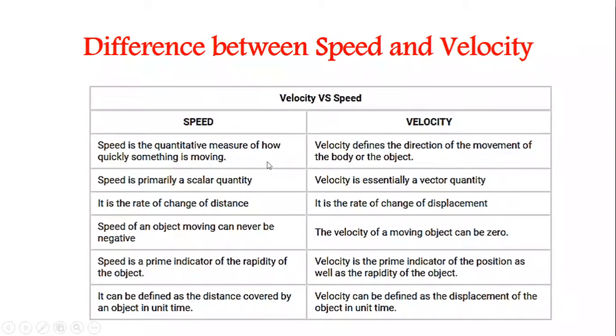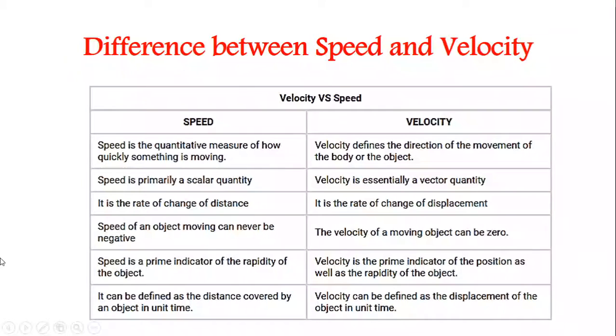What are speed and velocity? Speed is the quantitative measure of how quickly something is moving. Velocity is the speed along with the direction of movement of the body. Speed is a scalar quantity, while velocity is a vector quantity.